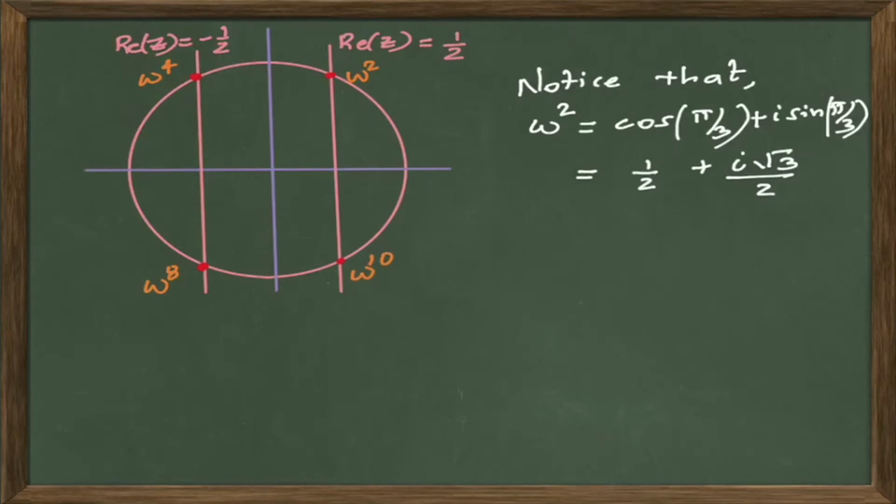Let us draw all the points of P. Remember, omega makes an angle pi by 6 with the positive x-axis. So omega corresponds to this point, whereas omega square we have already drawn. Omega cube corresponds to this point. Omega 4 we have already drawn. Omega 5 is this point.